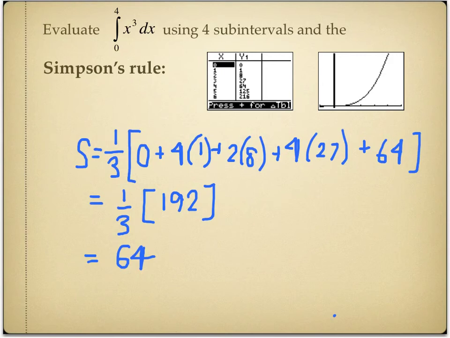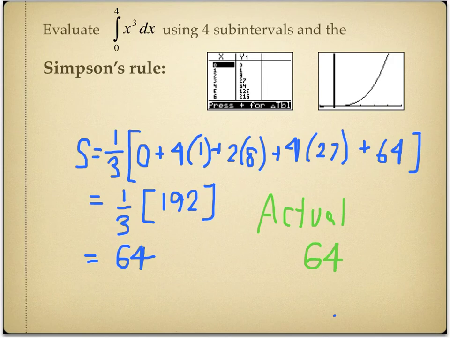Well, the actual area, if you do this on your calculator, remember there is a place to do that on your RAM program, or we could just calculate an integral. The actual area ends up to be 64. So in this particular case anyway, Simpson's rule was the most accurate.